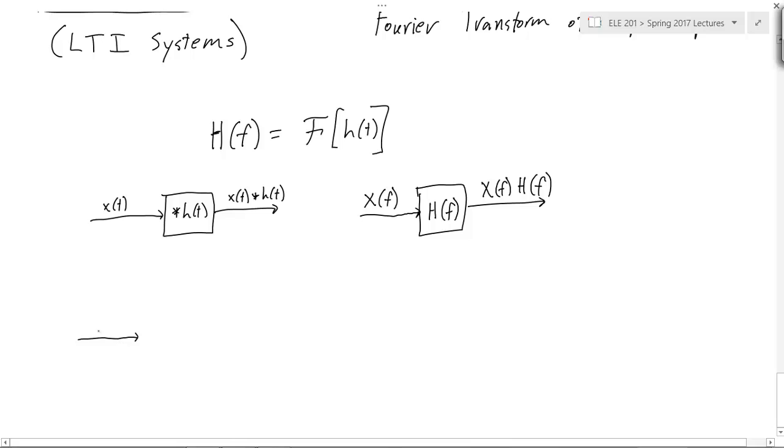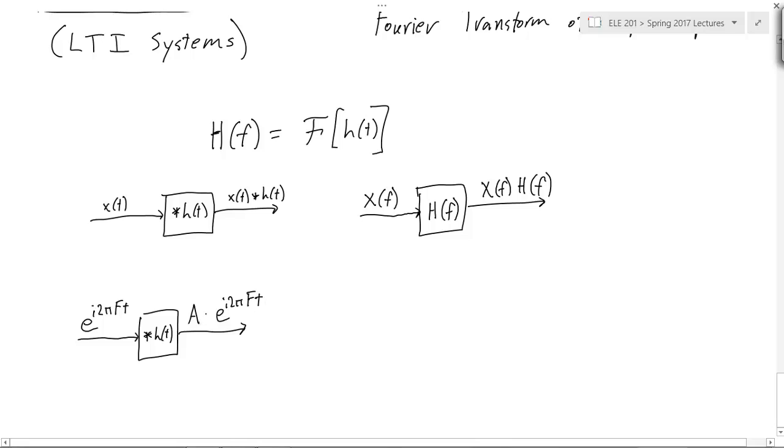What that means is if you put in a complex exponential, e to the i 2 pi F t, where capital F is just a constant number, into an LTI system, what comes out is the same thing times a constant, say capital A, which could be complex: A e to the i 2 pi F t.